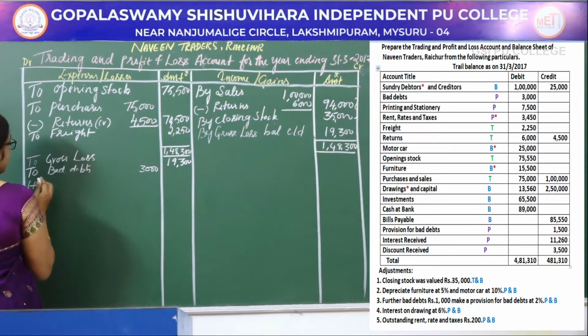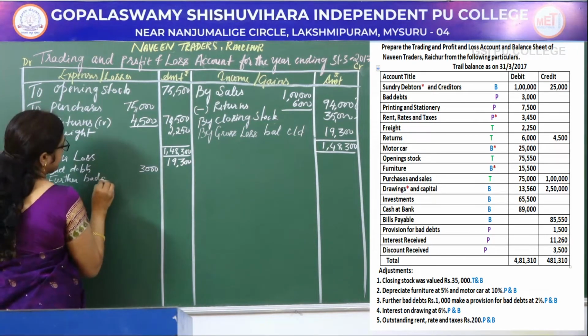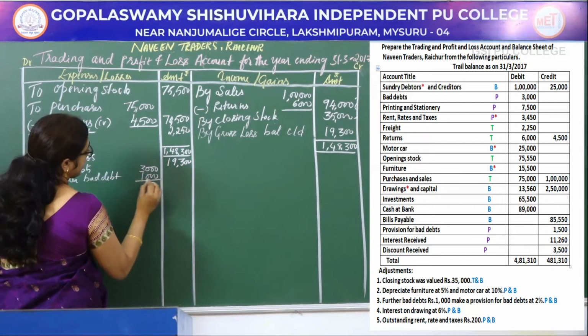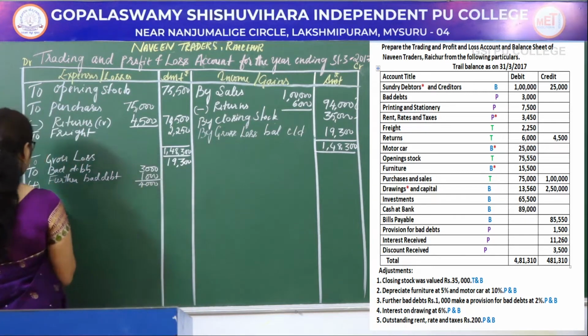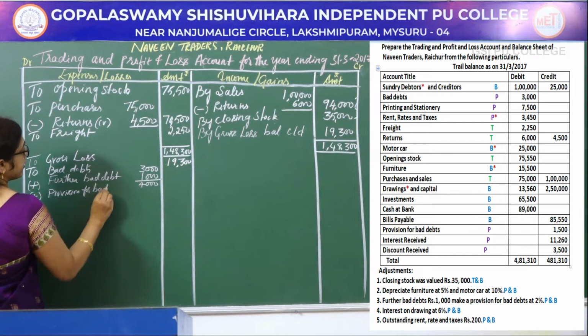Add further bad debt 1,000. After adding, the balance is 4,000. Next, add provision for bad debt.